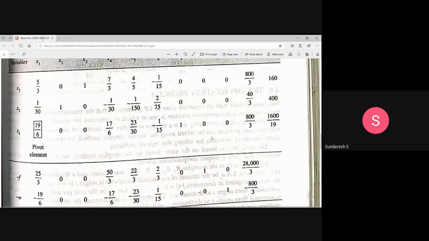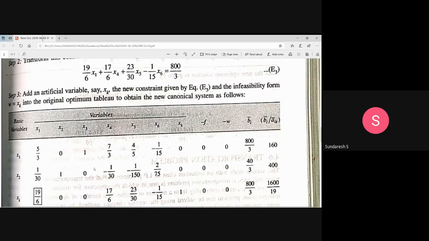What we are supposed to do here is add a new element called xk, and we need to put it in another row along with the basic variable. So what we are putting here is 19 by 6, the same as we have got in E3.